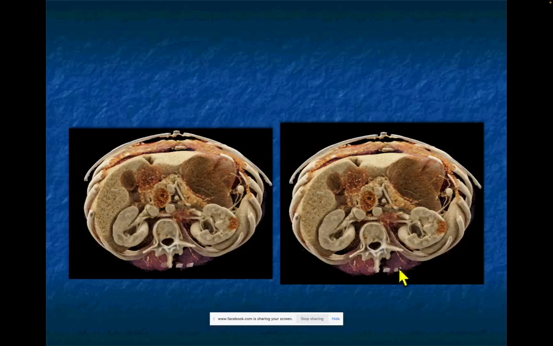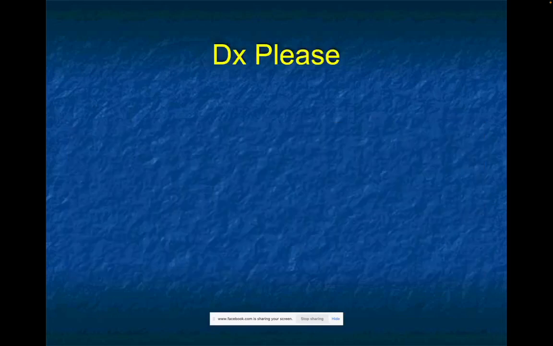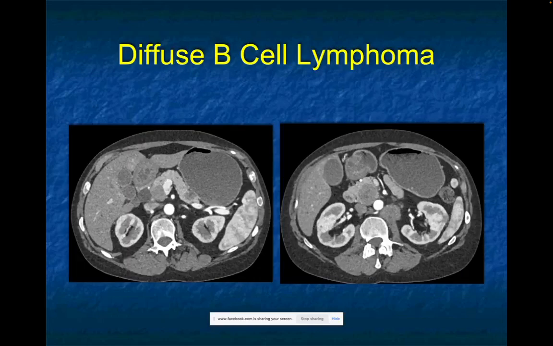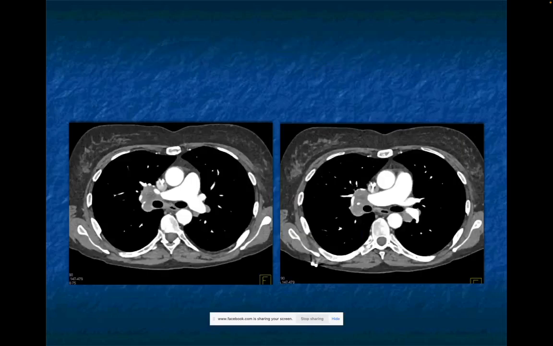By the way, look how nicely the cinematic shows that lesion. Really nicely brings it out. And this was lymphoma. B-cell lymphoma can involve the pancreas, can involve multiple solid organs. We think about liver, we think about spleen, we think about kidney, we never think about pancreas. Wonderful case of lymphoma involving the pancreas and kidney and adenopathy.